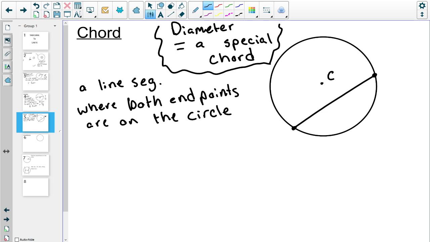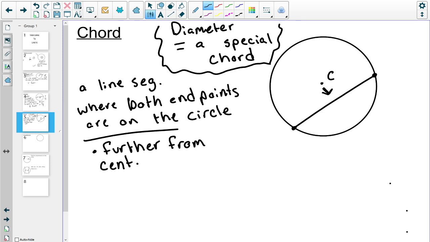And there are things we can say about this. For example, you can see that as this chord goes further away from the center point, it's going to get shorter. So let's make note of that. If it's further from our center point, it is going to be shorter.